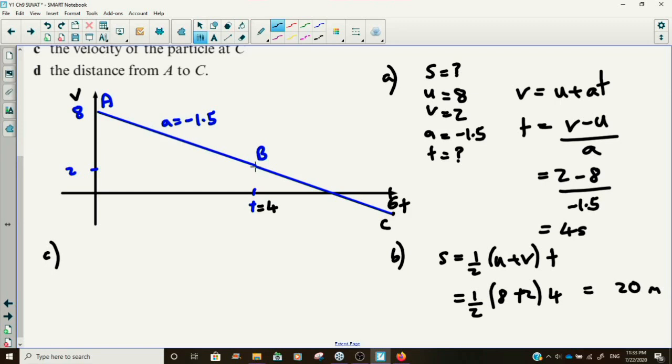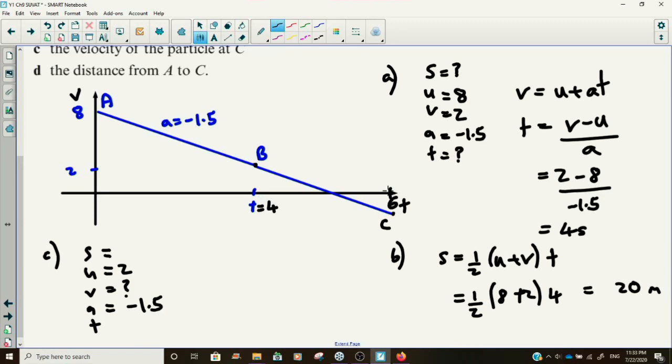So I'm just gonna go from here, I think. So initial velocity is 2. Let's just write down what we know. So displacement we don't know. Initial velocity is 2. That's at point B. Final velocity we don't know. That's what we're trying to find out. The acceleration is the same, that's minus 1.5.